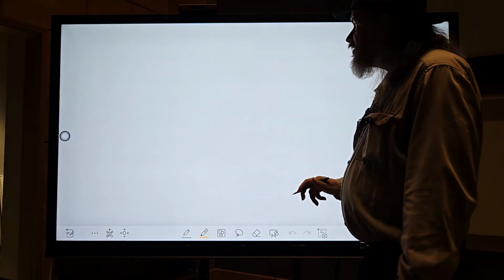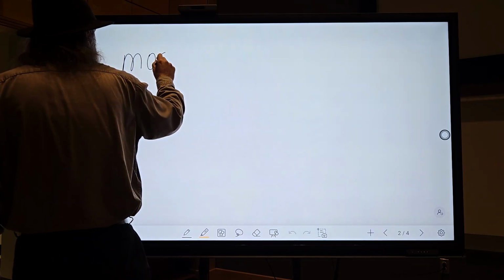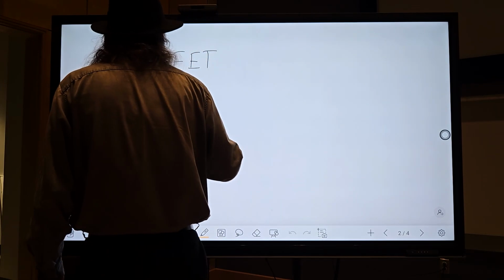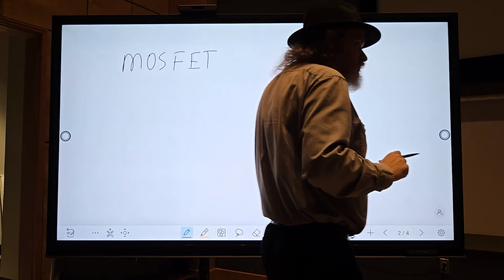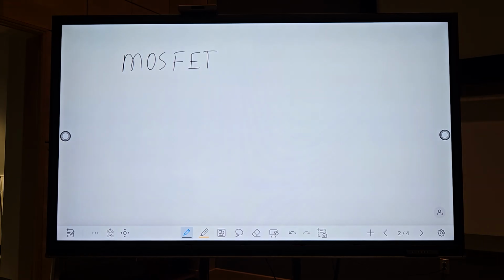What you might see is a MOSFET, which is a metal oxide silicon field effect transistor, which just describes what manufacturing technique was used for it, but it's still basically a field effect transistor.